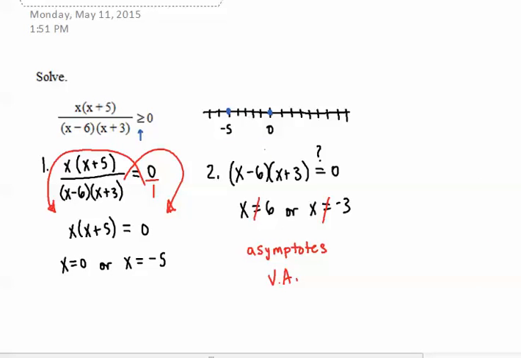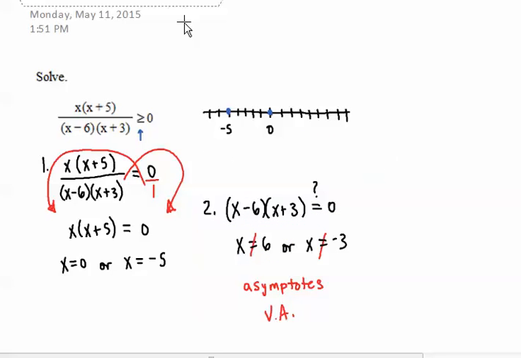These would give us an asymptote at x equals -3, meaning we just can't have that. That's what we want to have clear in our mind. And x equals +6.